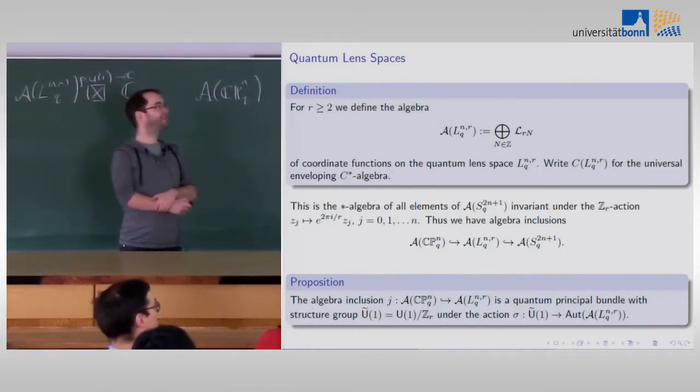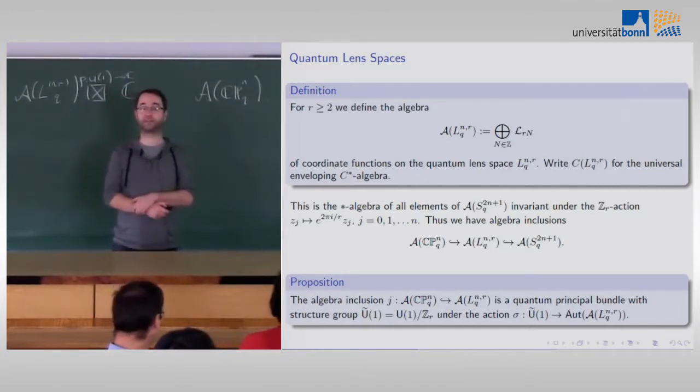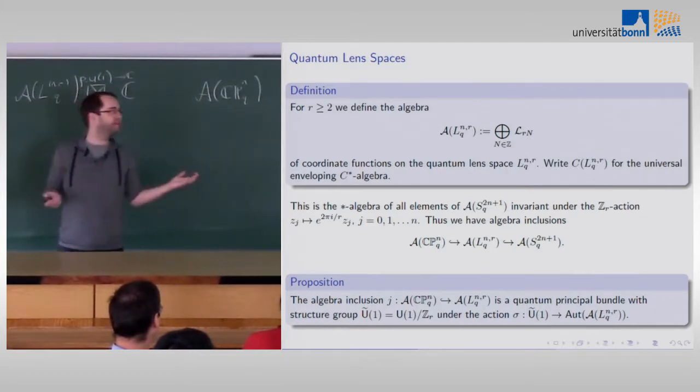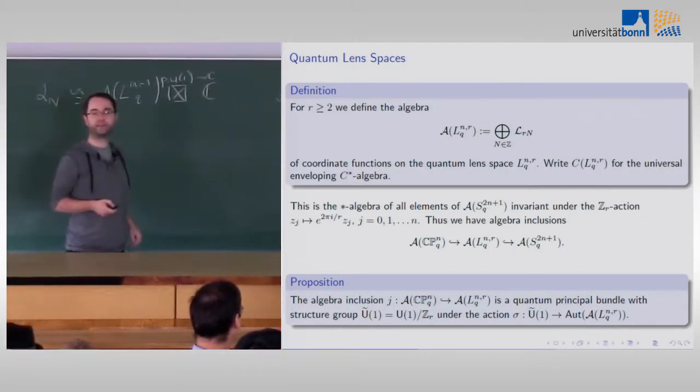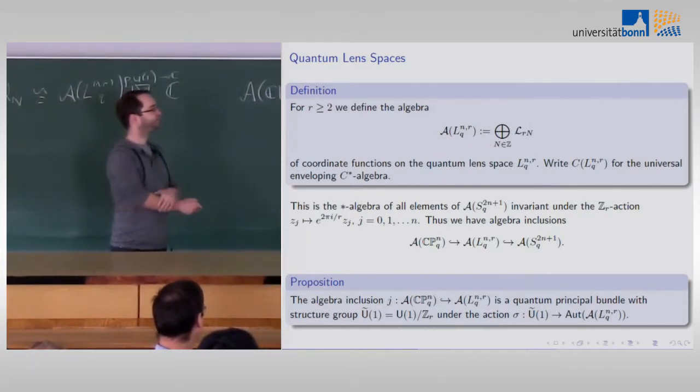So this was our definition, the direct sum of all bundles whose charge is divisible by R. And you might say, well, in the beginning you defined this in the classical situation to be the quotient by an action of the cyclic group ZR. And that's exactly what happens here as well.